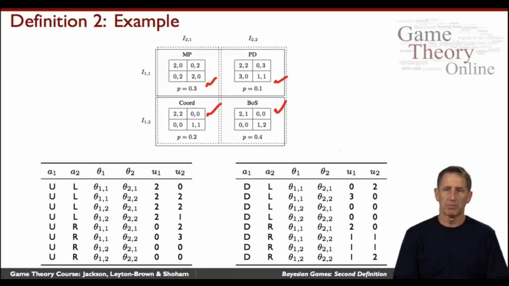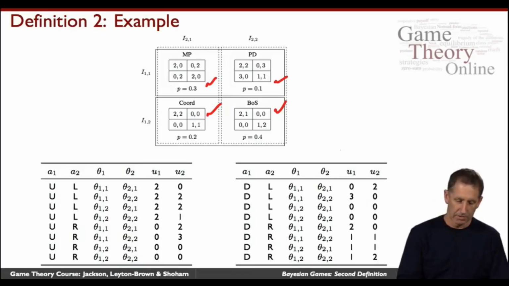Here is the type perspective on this. So what are the actions available to agents? Very simply, the row agent has the up or down actions, and the column agent has the left or right actions. The payoff, however, will depend on their type.